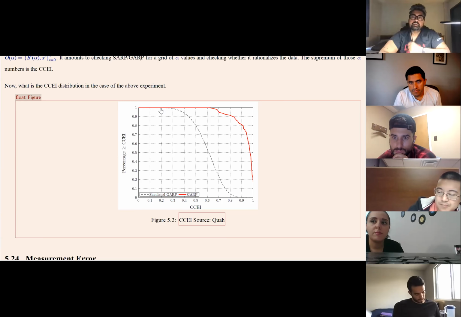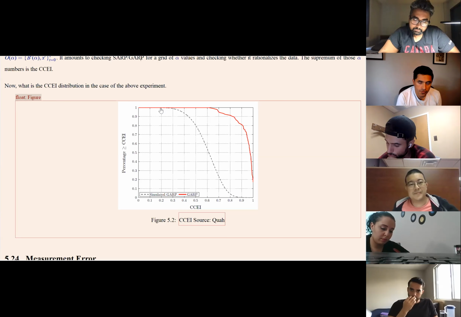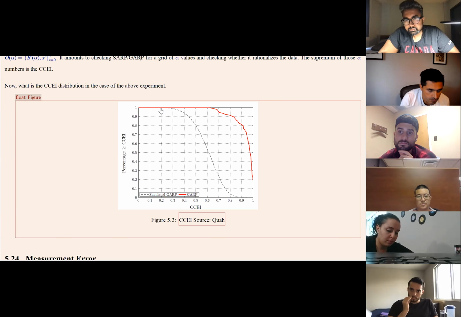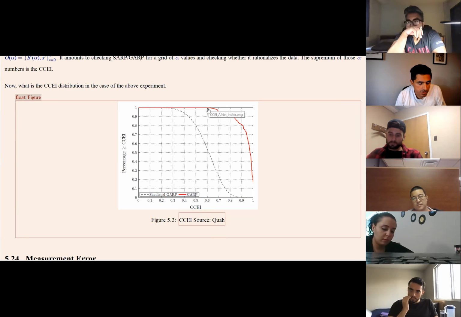I have a quick question. Sure. So if we're looking for the highest possible alpha that makes this pass GARP, then at least according to the red line here, would we need to go with 0.6? Or is there a different weighting that we can place on alpha for different populations? You say individual alphas for each individual?